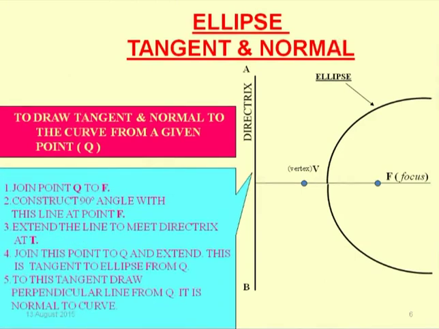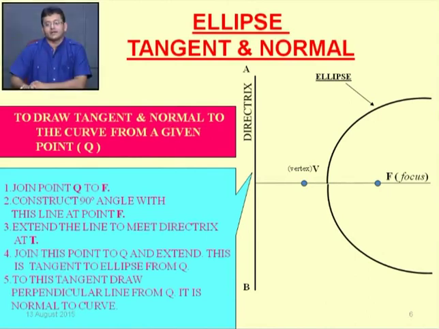You have already drawn an ellipse. Now from point Q on the curve, let us locate point Q on the ellipse, given the name Q. Now join Q with the focus F.